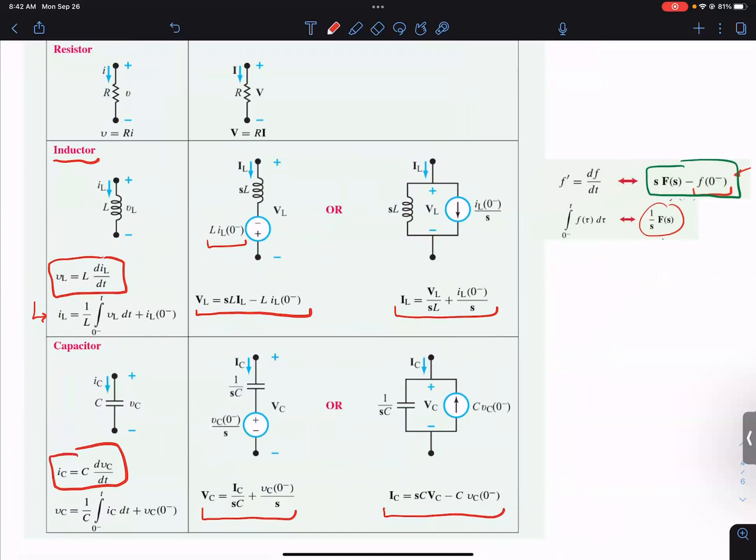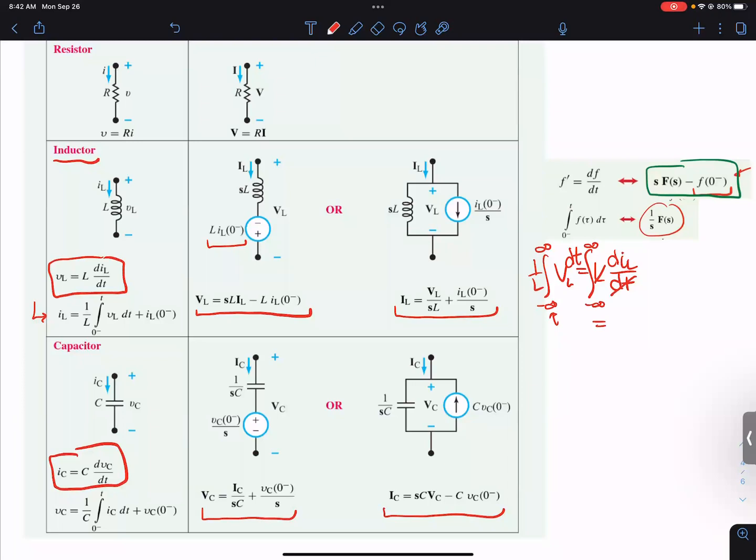Taking the integration of both sides of these, you first need to do a separation of variables. So you move the dt over to this side, and actually 1 over L over there too. And then these are from minus infinity to infinity. But we need to get this one in terms of 0 minus.